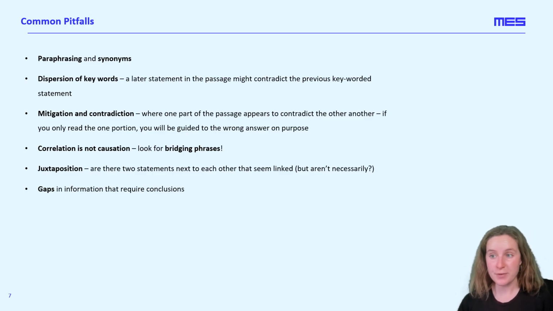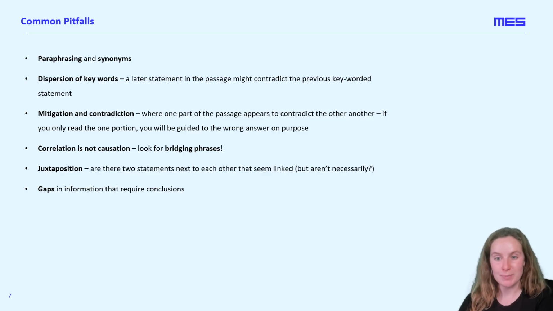Some common pitfalls for this type of question: paraphrasing and synonyms. Especially if you're looking for very specific details, you may think that if you can't see that specific word, then it is not the right answer, but you need to be mindful that your keywords may be summarized, paraphrased. There may be another word swapped out just to trick you if you are not being eagle-eyed in your scanning of the passage.